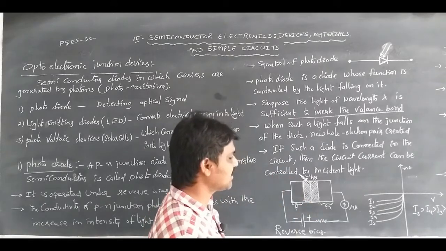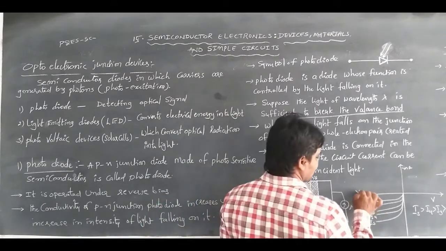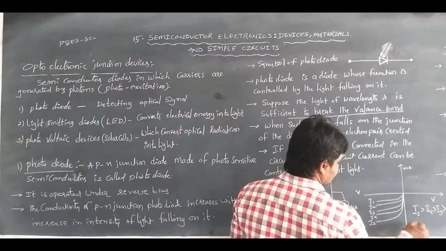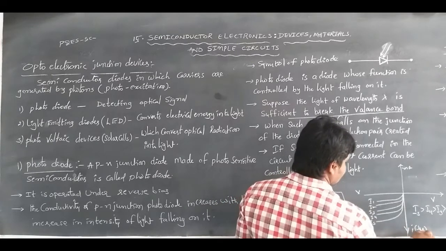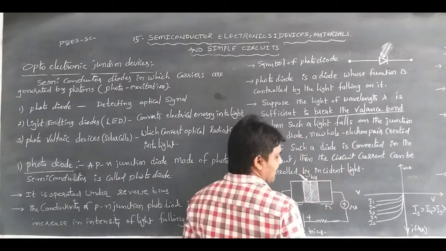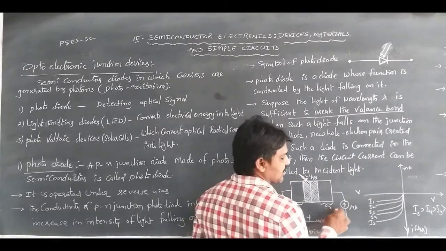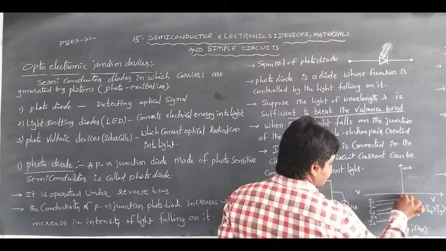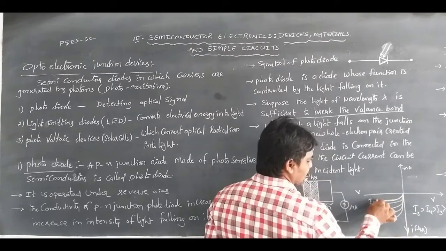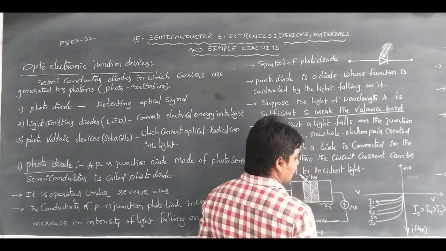In the graph, this is the potential and this is the current in microamperes, which we can measure with the ammeter to see how much current is flowing through the circuit. If the intensity of radiation is more, then the current is also more.